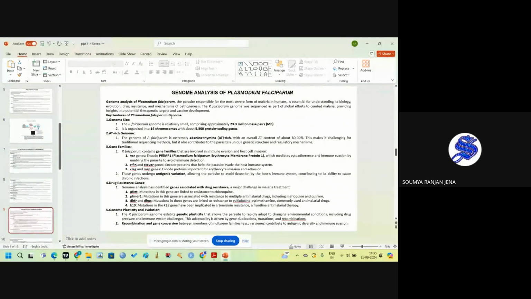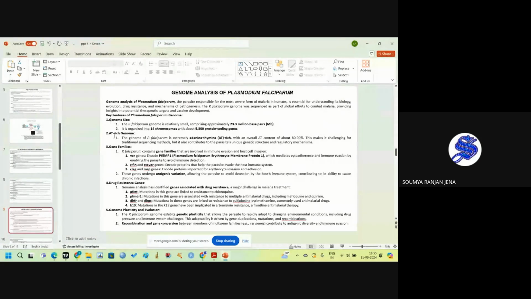Genome analysis of the Plasmodium falciparum parasite, responsible for the most severe form of malaria in humans, is essential for understanding its biology, evolution, how this species increased drug resistance, and mechanisms of pathogenesis. This genome was sequenced as part of a global effort to combat malaria, providing insight into potential therapeutic targets and different types of vaccine development against falciparum.